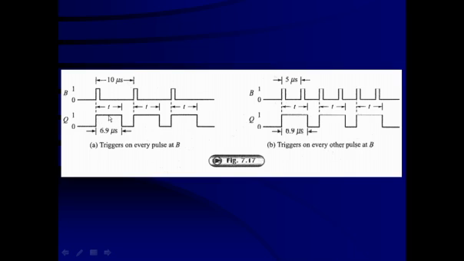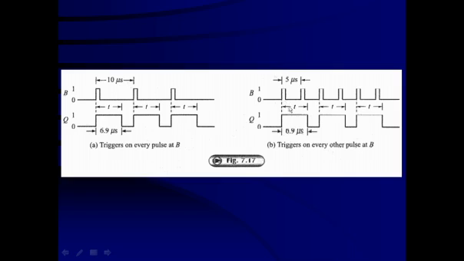So in this condition, the circuit is triggered every time and times out after 6.9 microseconds for every clock pulse: first clock pulse, second clock pulse, third clock pulse, and so on. But in the second case, where the clock pulses are spaced by 5 microseconds, on the first positive transition the circuit goes into the quasi-stable state, but it will time out only after 6.9 microseconds, nearly 7 microseconds.